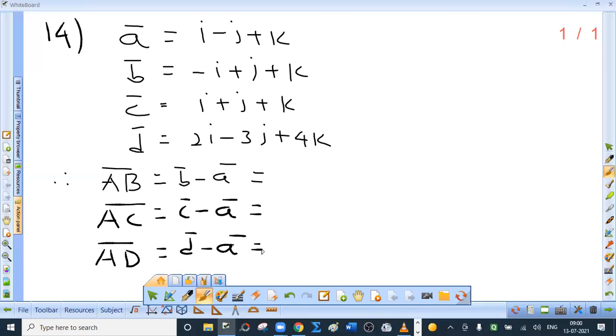AB bar is minus 2i plus 2j, is it? Then AC bar is 2j. And what is AD bar? It is i minus 2j plus 3k.